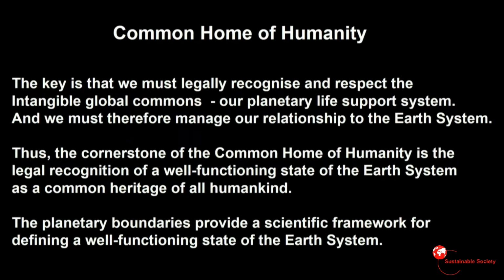The planetary boundaries is the scientific framework that defines what a well-functioning state of the Earth system is. So this is the critical link between the legal proposal for recognizing the Earth system and the scientific community and how we can actually define a well-functioning Earth system. So that's one of the most important uses of the planetary boundaries framework.